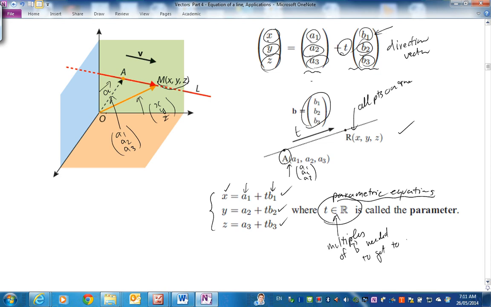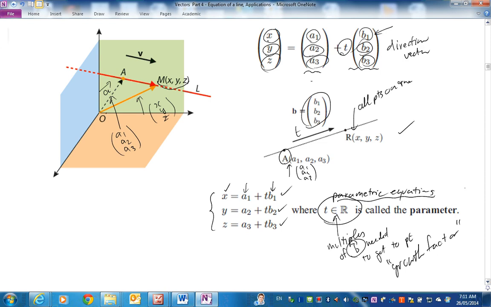So each point has its specific t. You could think of t, this is a Huttyism though, as the growth factor of the line. How much does the line grow in either direction in terms of lots of b to get to a point?